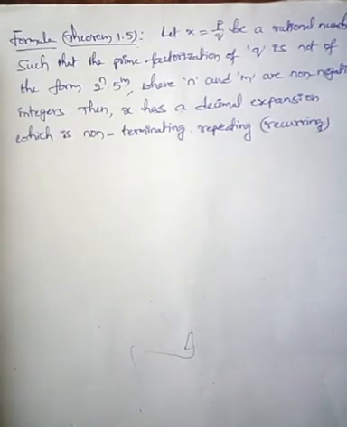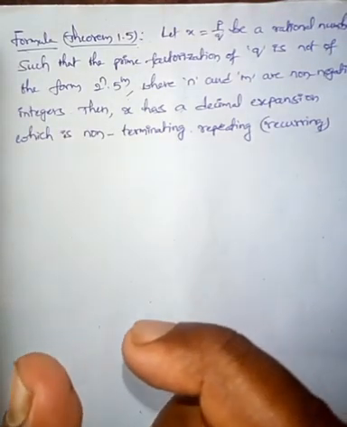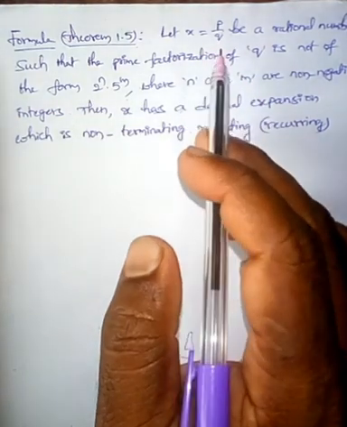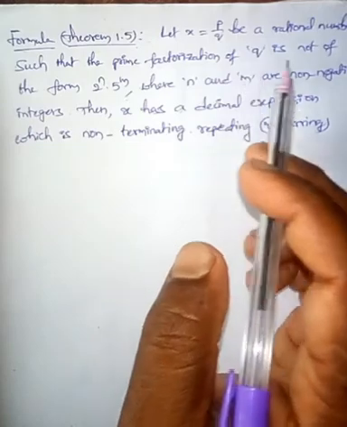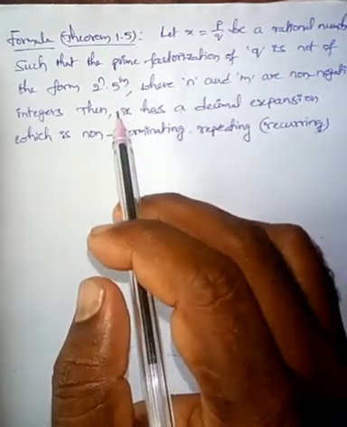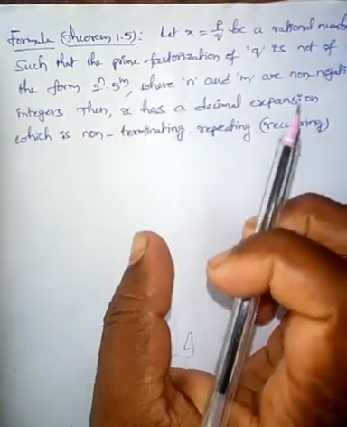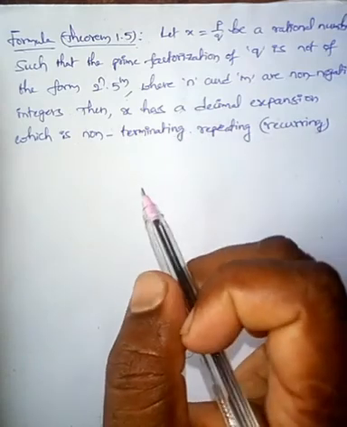Otherwise it will not be a terminating decimal. Any fraction or any rational number is in the form of p by q, and if the prime factorization of q is in the form of 2 power n into 5 power m, then it will be terminating. Otherwise it will not be terminating.